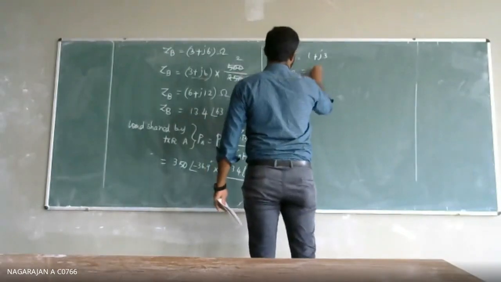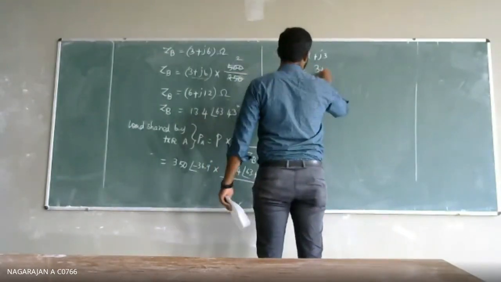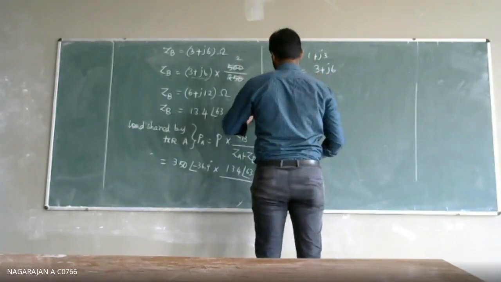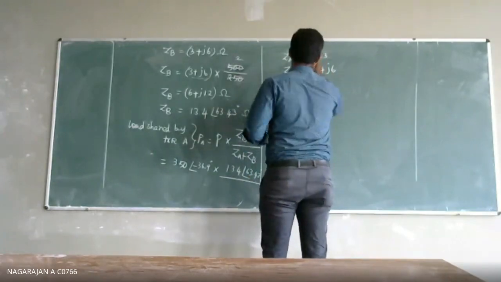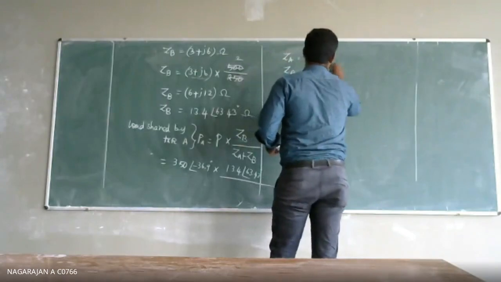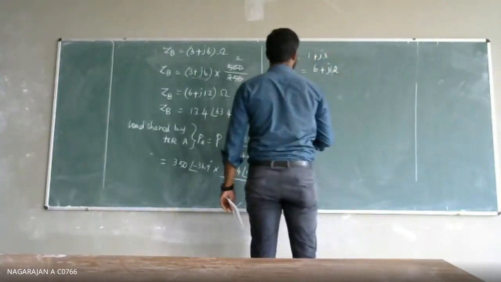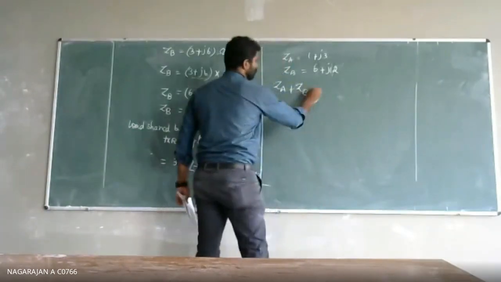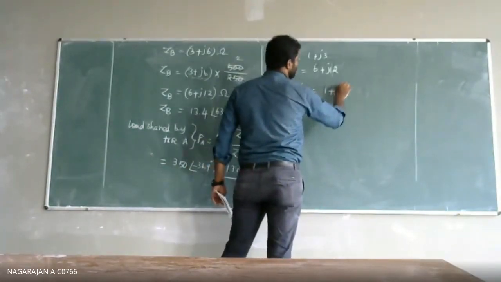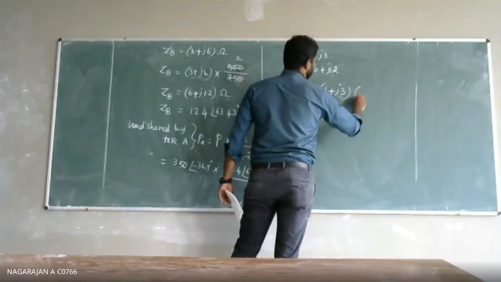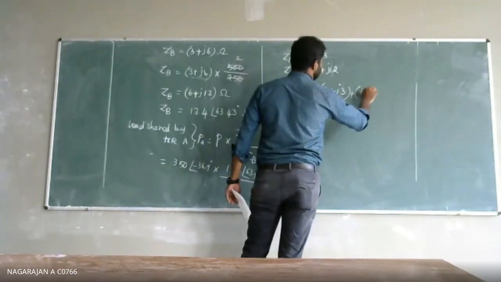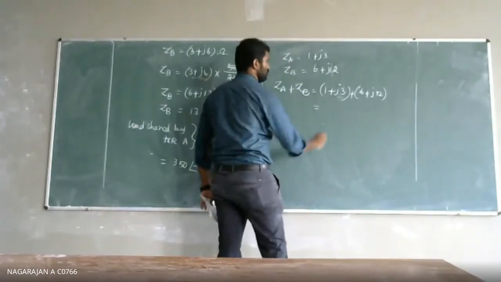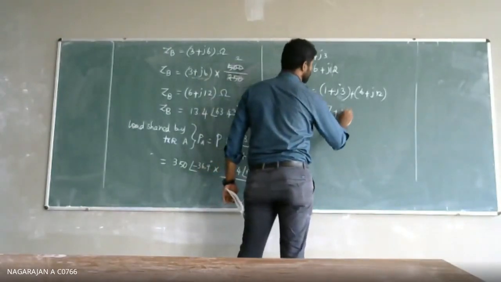ZB equal to 3 plus j6, and the new value of ZB equal to 6 plus j12. ZA plus ZB equal to 1 plus j3 plus 6 plus j12, which is equal to 7 plus j15.